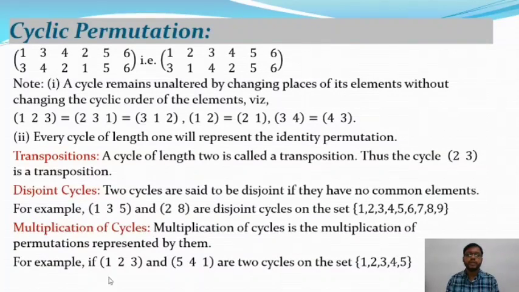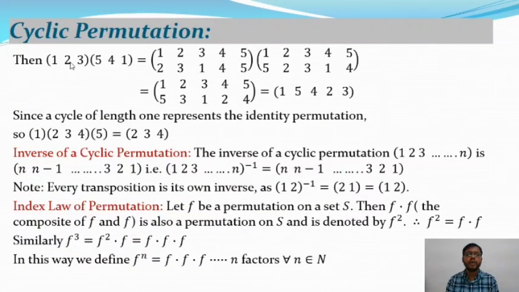Their product, (1 2 3) times (5 4 1), these are two cycles of length 3. So the cycle (1 2 3) can be written as a permutation where 1 goes to 2, 2 goes to 3, 3 goes to 1. This is the complete cycle. And the other two elements, 4 goes to 4 and 5 goes to 5. So these two are the identity.